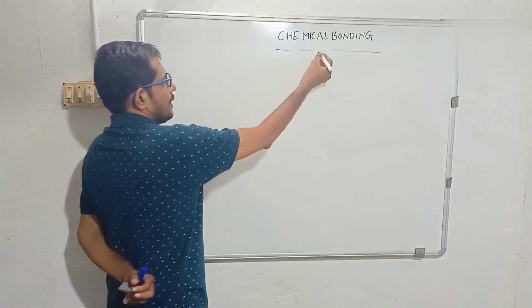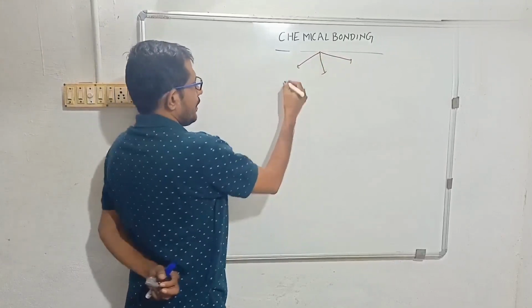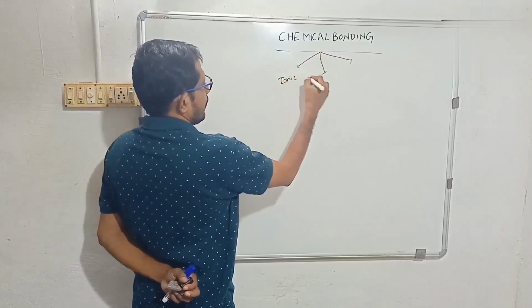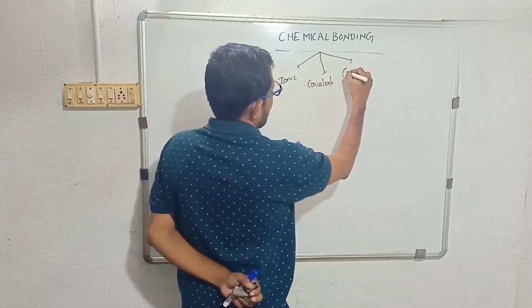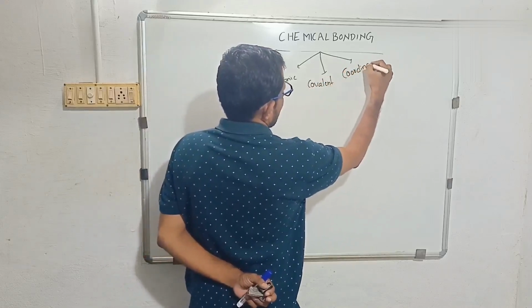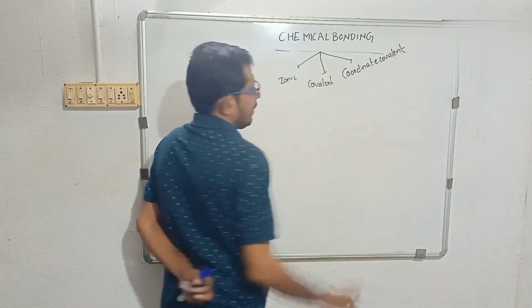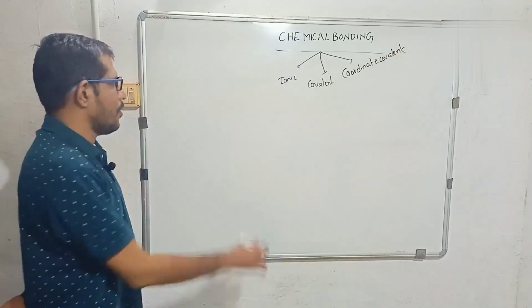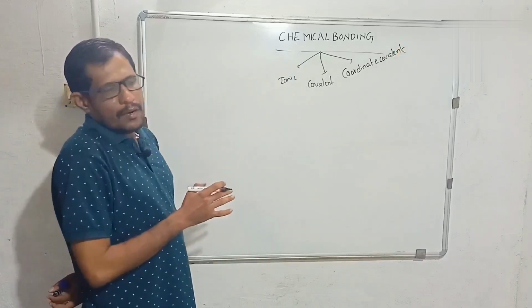As we know, chemical bonding is majorly of three types, right? Ionic, covalent, and coordinate covalent bonds. So we have already discussed the ionic compounds.